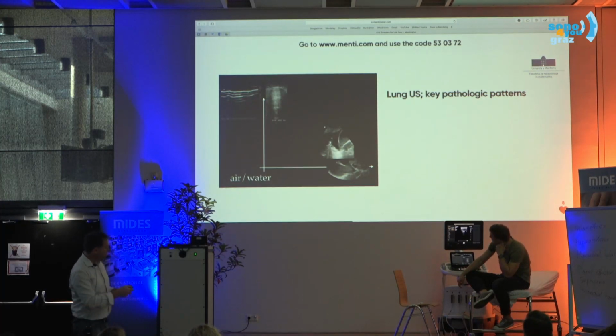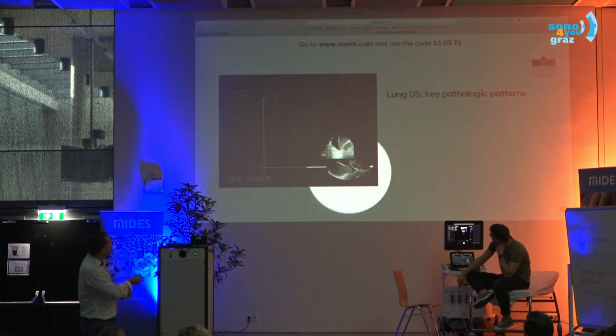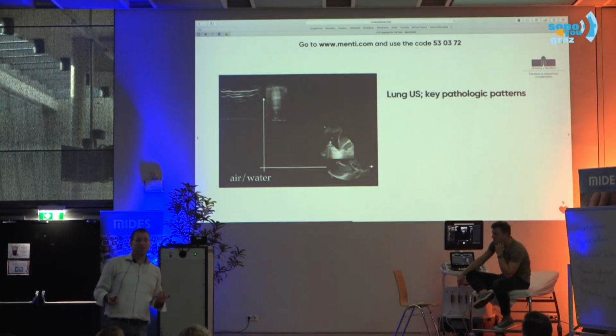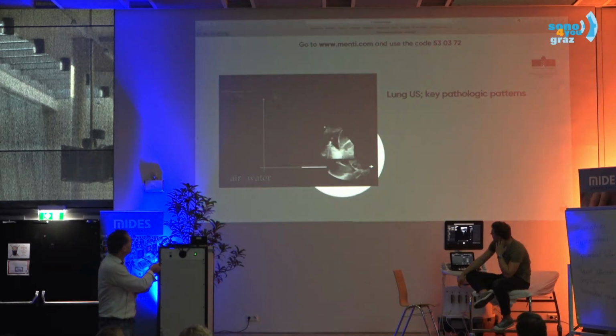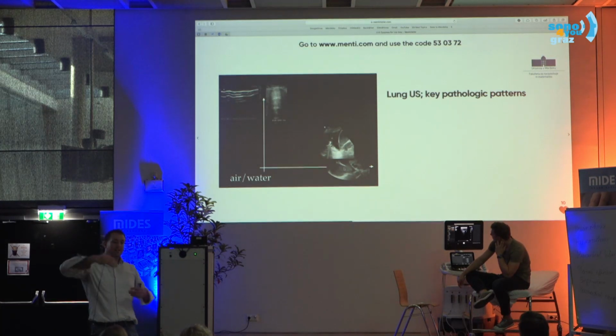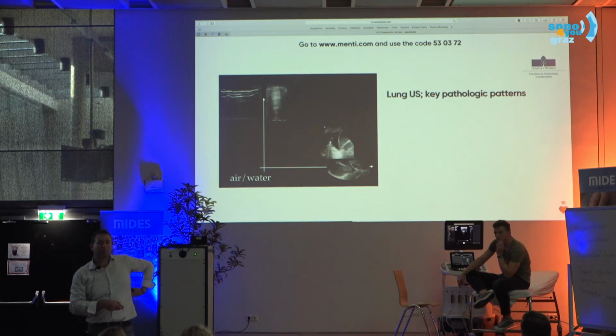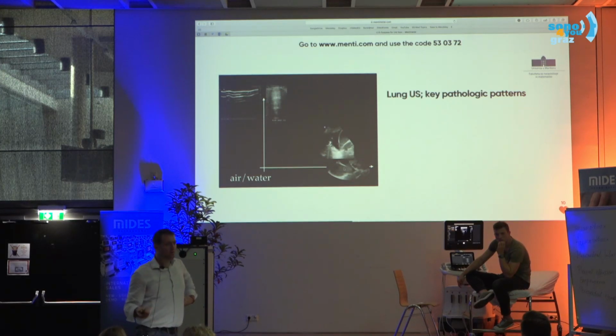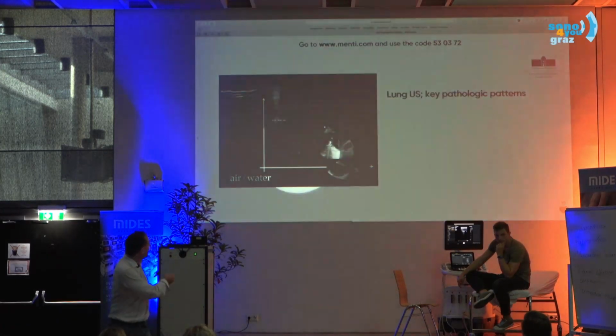So can you interpret this image here? What would that be? This one here, below. This blackness above the diaphragm. How would you say? What is that? Say it. Pleural effusion. I mean this one.